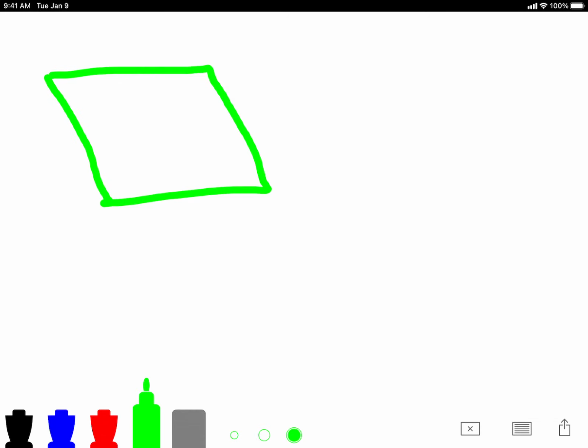And we're going to hope it looks like a parallelogram. And then there's a line that bisects it, cuts it in half. Okay, ready? This angle is the same as this angle. And this angle is the same as this angle. So it's a little twisted, not too bad.